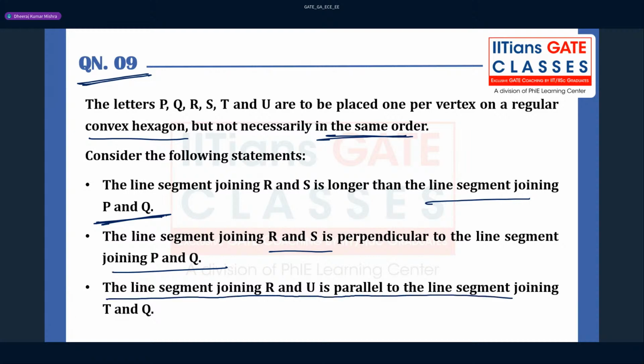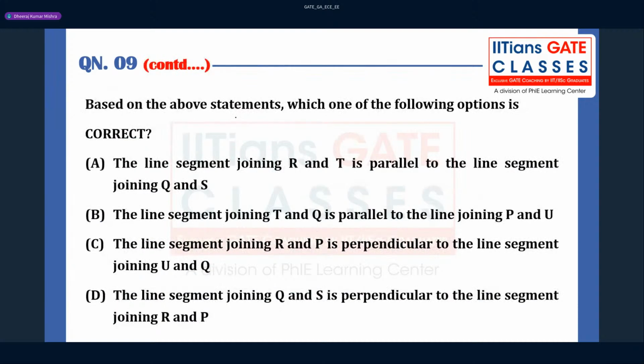Okay, so you have to read this question, right? Based on the above statement, which of the following options is correct? That is very important. ठीक है तो पहले तो we need to describe here, I mean we need to think about it. Understand? So which option is going to be correct here? That is the main thing.